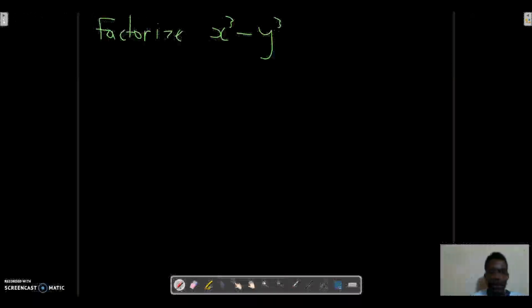Alright, now let us look at our next example. Factorize x cubed minus y cubed. In this case, let f of x equal x cubed minus y cubed. Now we can apply the same concept of trial and error. What can we let x equal to that would give me 0?